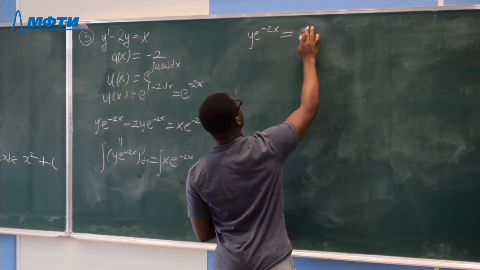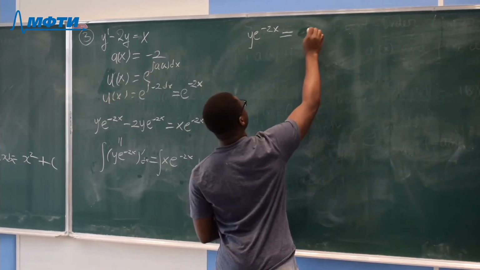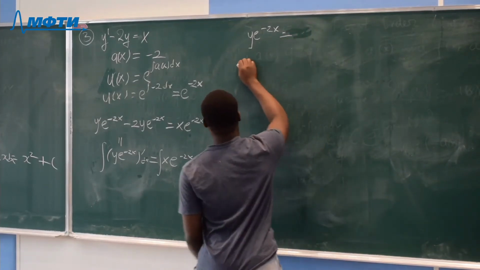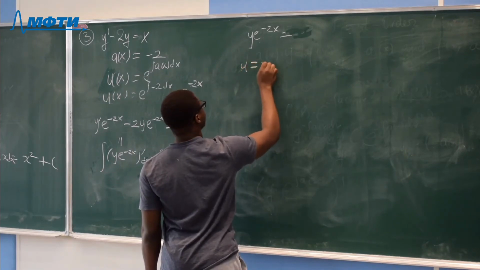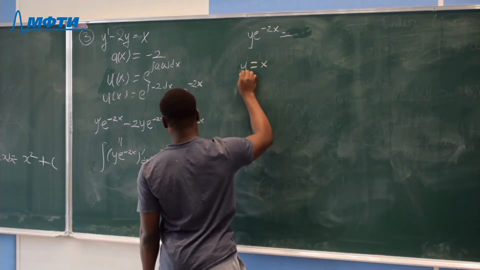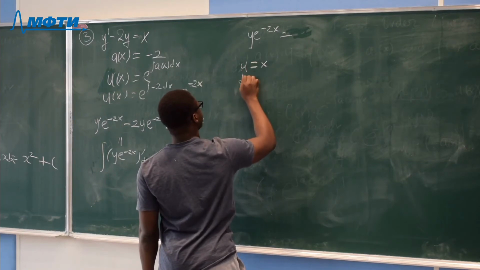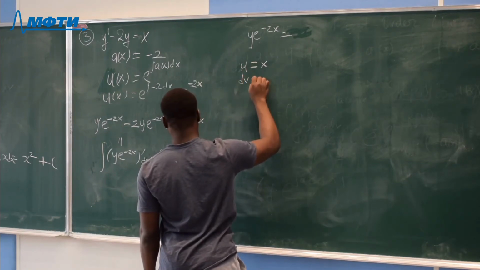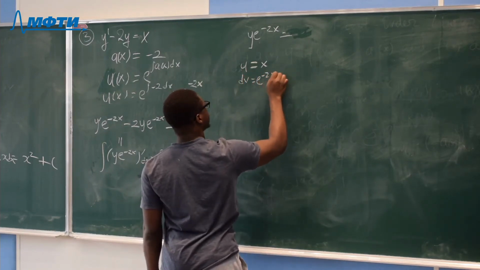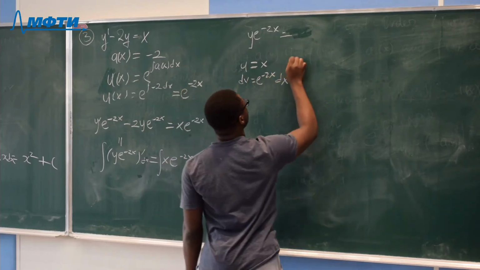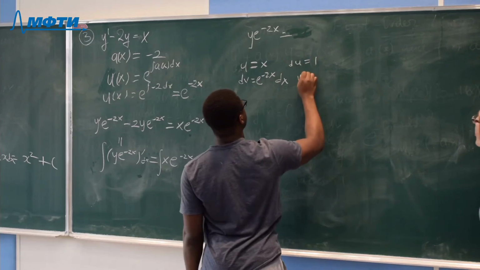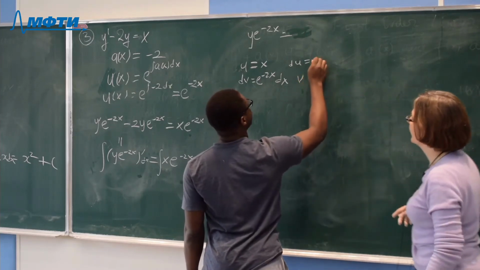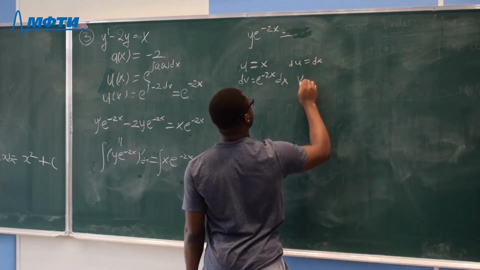Okay, so you should integrate by parts. Let u be x, and dv is the other function. It's correct. So not 1, but dx.